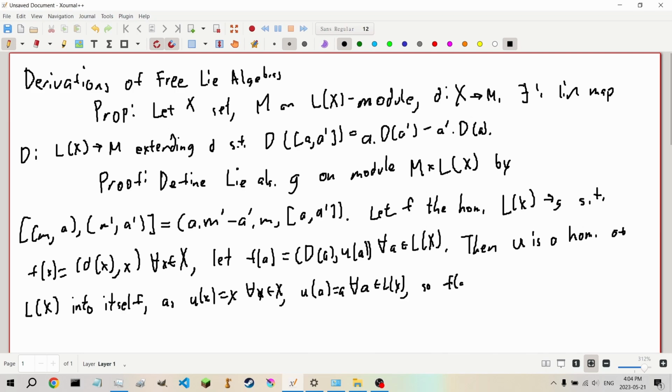So f of a is D of a and a, and so we get our desired relation.